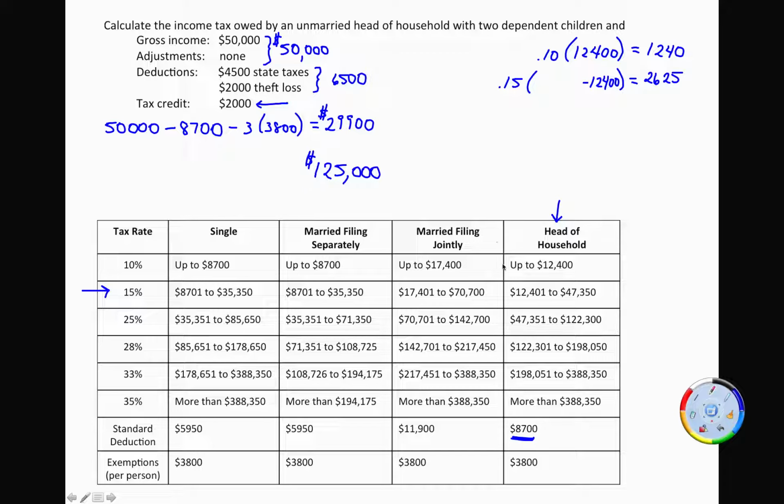The first step's exactly the same. He pays 10% of $12,400. Then he's going to pay 15% all the way up to $47,350.